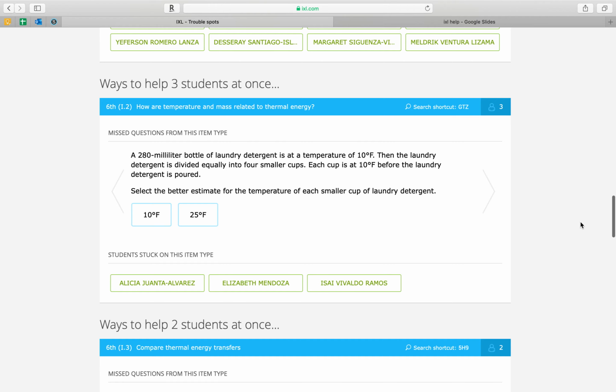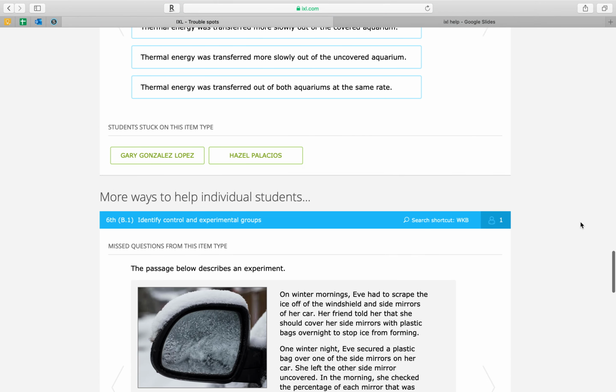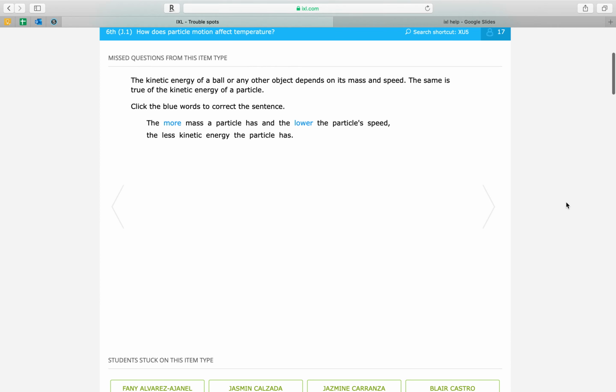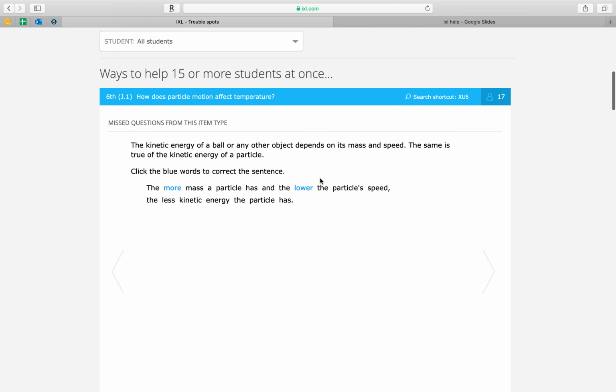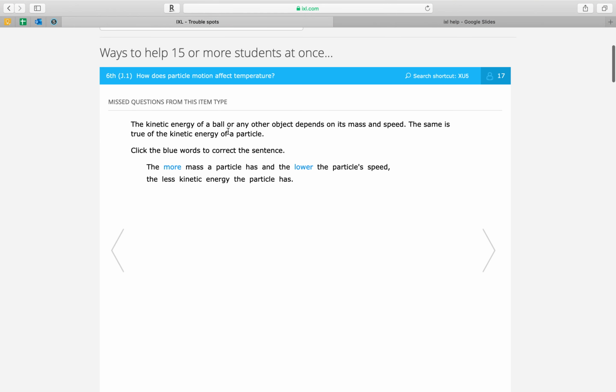Now I'm going to go over, let's see, at the top, this one. So it says the kinetic energy of a ball or any other object depends on its mass and speed. The same is true of the kinetic energy of a particle.